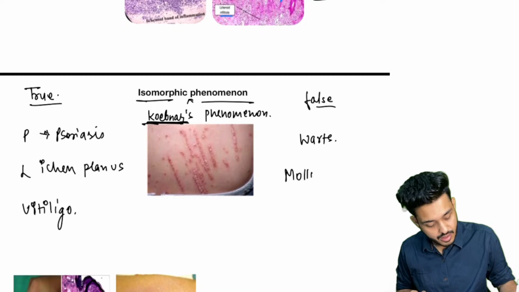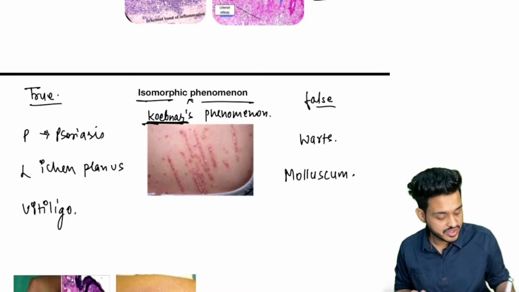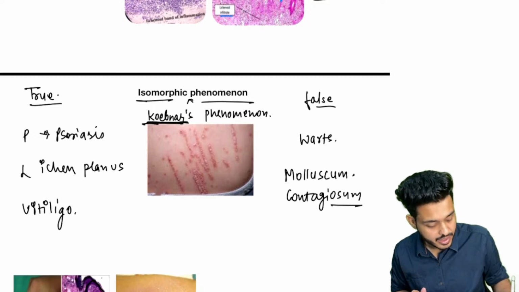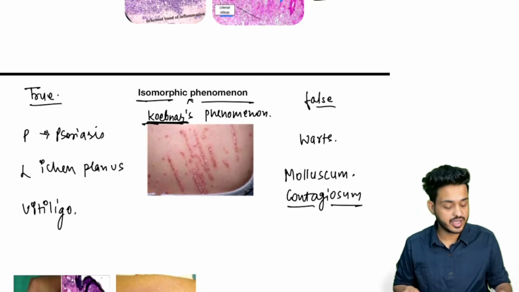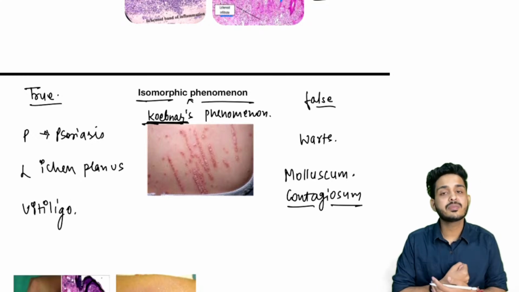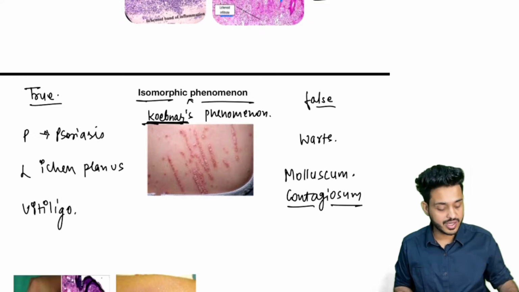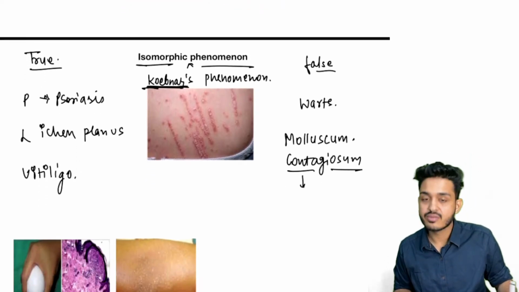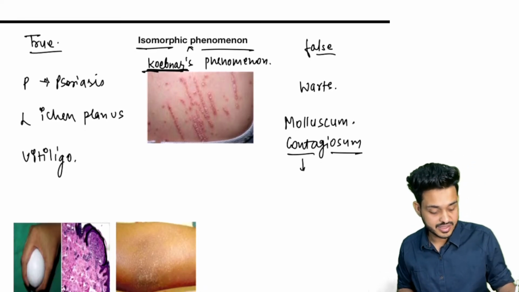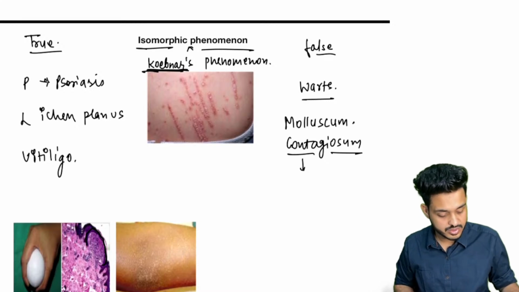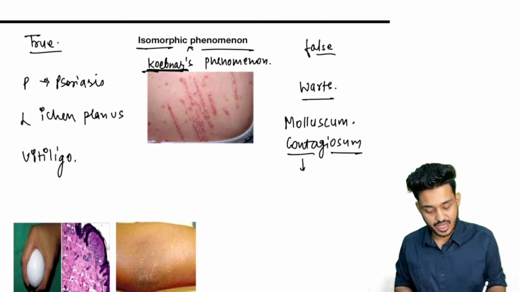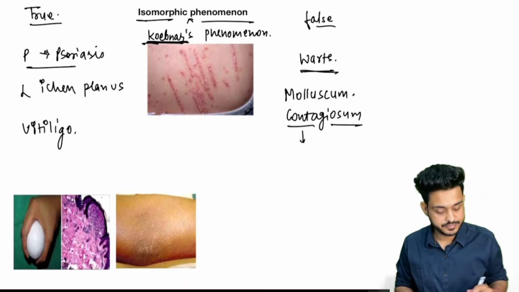So basically these are not true Koebnerization. In molluscum contagiosum, there will be autoinoculation. Where you pick and scratch, because of autoinoculation of the organism, the virus attaches at another site, and that would cause false Koebnerization. That would be seen in molluscum contagiosum and warts. Here it is true, here it is false.